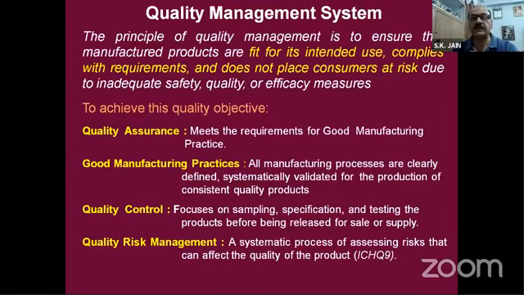This is very important. We should not place consumers, meaning patients, at risk due to inadequate safety, quality, and efficacy measures. So to achieve these objectives, there are 4 quality measures we have to take.